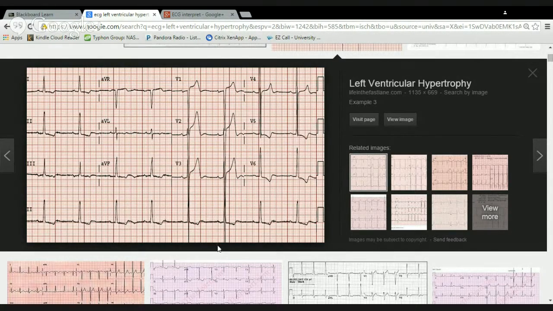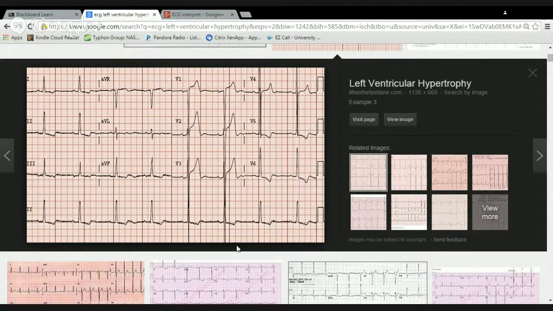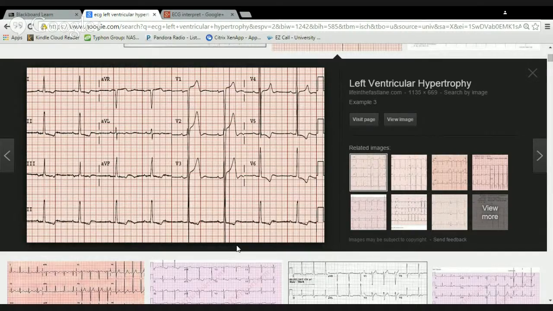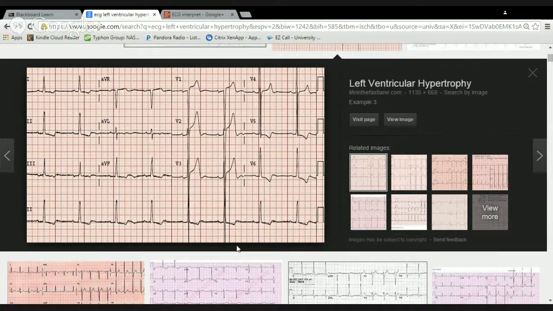All right, so the EKG that's up, we'll start with the rate. Starting in the lower part of the EKG in lead 2, as you measure the R to R interval, it can be 300, 150, 100, 75, 60, and it looks like the rate is 50 beats per minute, the ventricular rate.